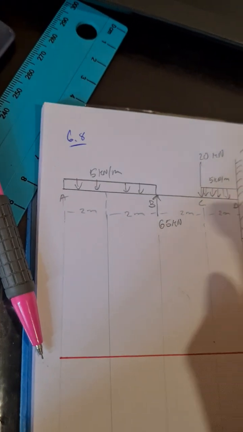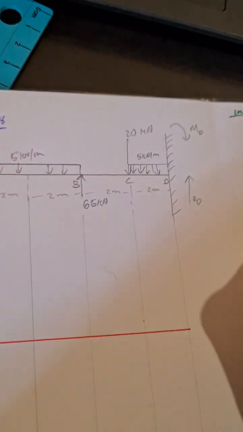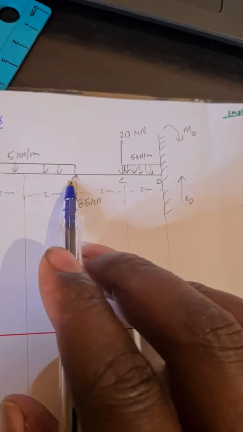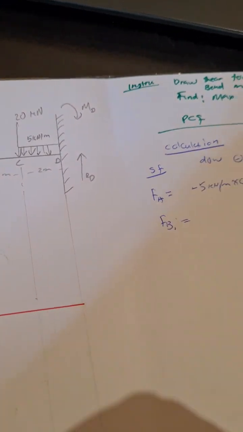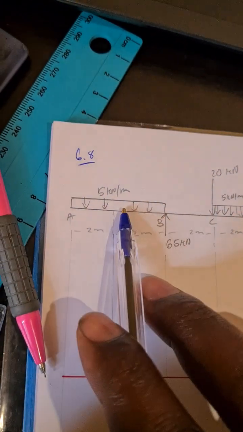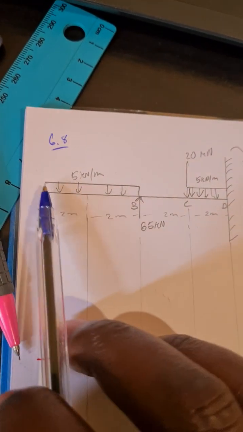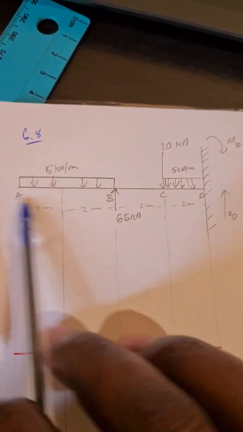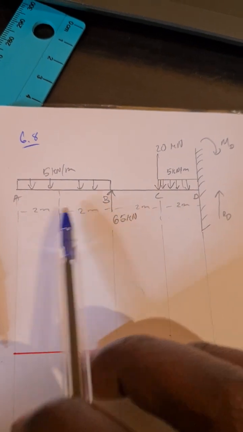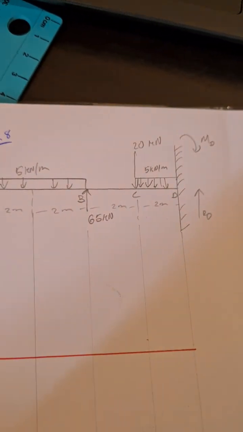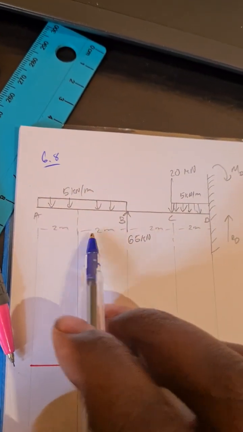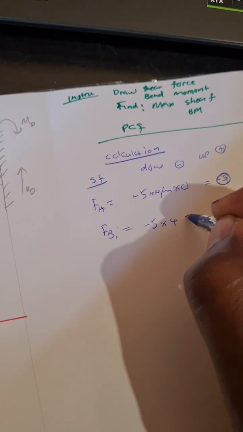Force before B, remember again, force before B. So this is initial always. So the force before B is what? You include everything before B. So it's gonna be minus 5 times whatever distance, which is 4, times 4.